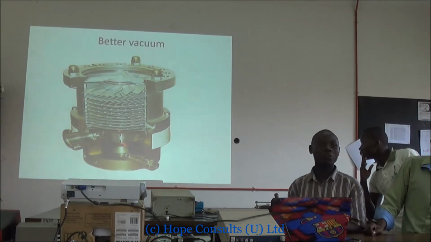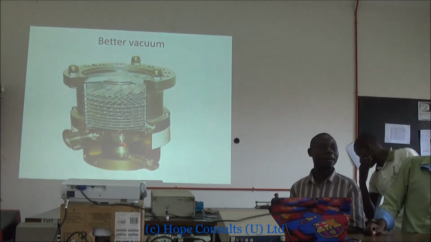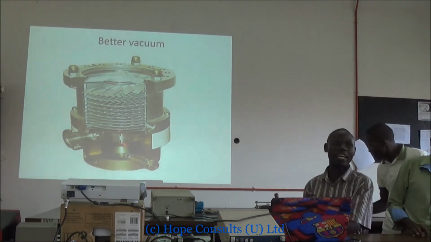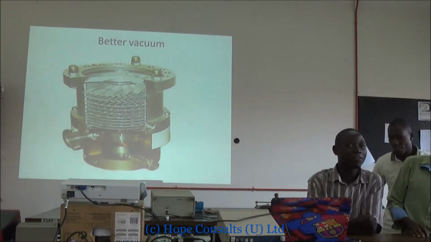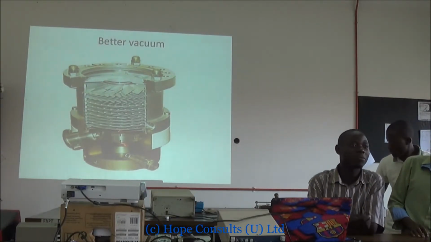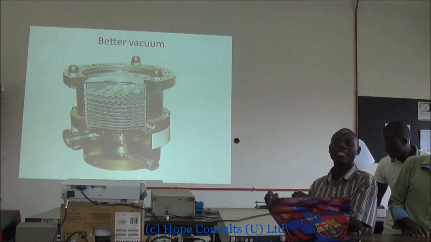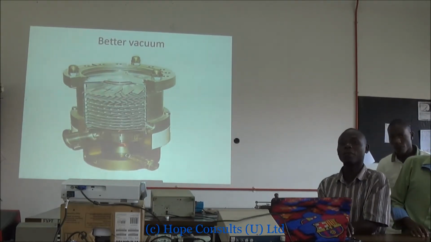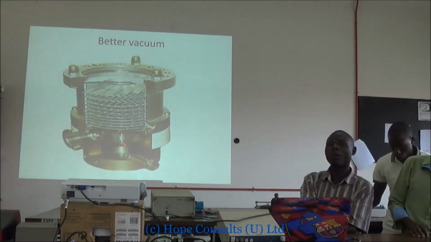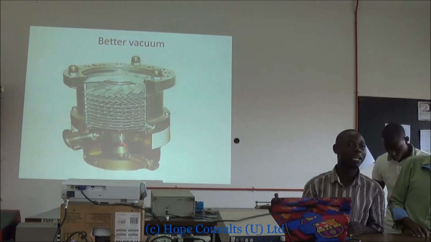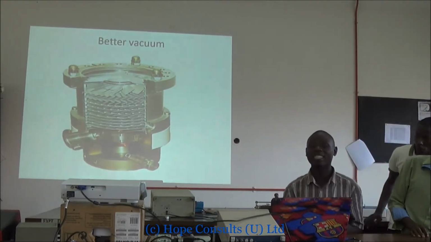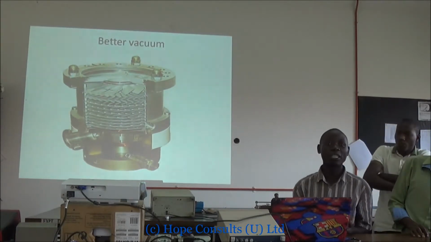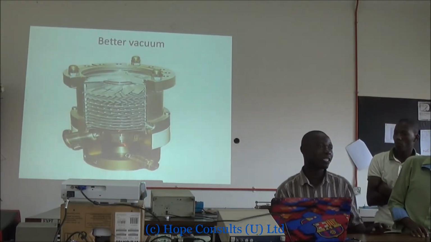Remember, we are trying to remove the gas. But this oil, as a result, can reach its vapor state or steam point. So it vaporizes and goes back to the vacuum. That going back to the vacuum is what we call backstreaming, and it can cause contamination within the vacuum system.